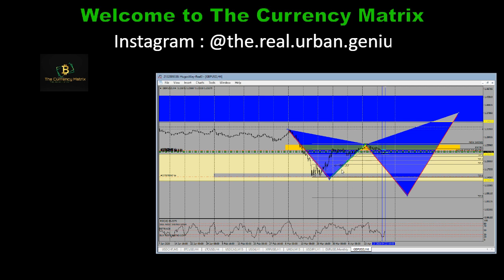This one and this one. They're different because these are going to be the impulse legs. These are the trend.